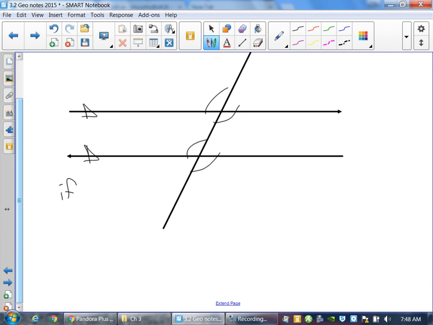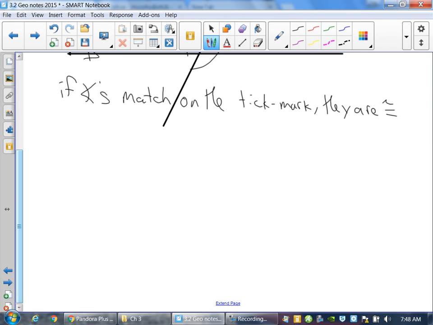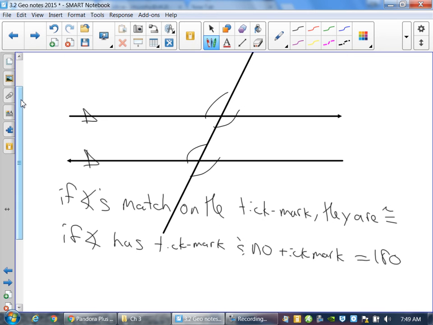So if the angles match on the tick mark, they are congruent. If the angle has a tick mark and no tick mark, what I mean by that is let's say you've got this one here and this one.